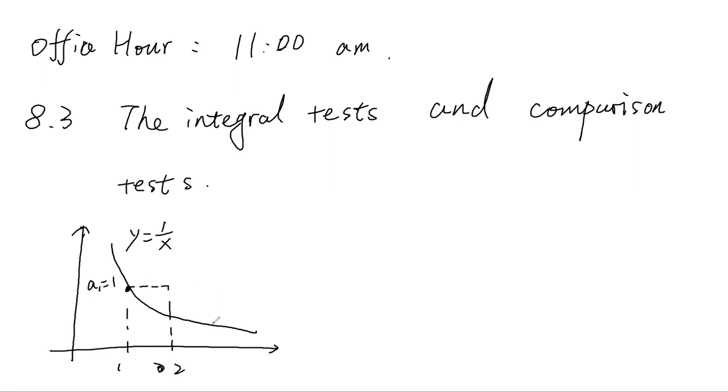This represents a1 is equal to 1, and then the second rectangle also uses the left side as the height of the rectangle. This represents a2 is equal to 1/2. Then there's a3 is equal to 1/3, 4, and right, and then you can continue for all possible n.